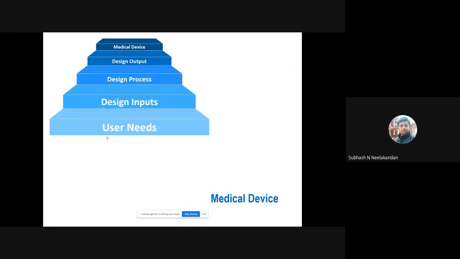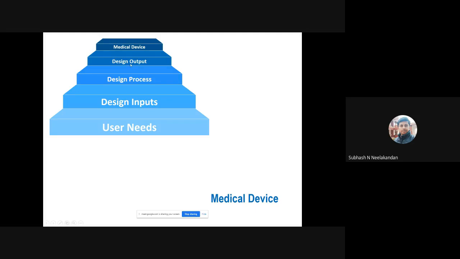So to repeat the different process, we started with user needs. Basically, in medical devices, it is clinical inputs. Number two is design inputs. Design input means how to convert the qualitative or vague user requirements into measurable and critical engineering parameters. Number three is design process, the different analytical, computational, experimental methods which can be adopted for design.